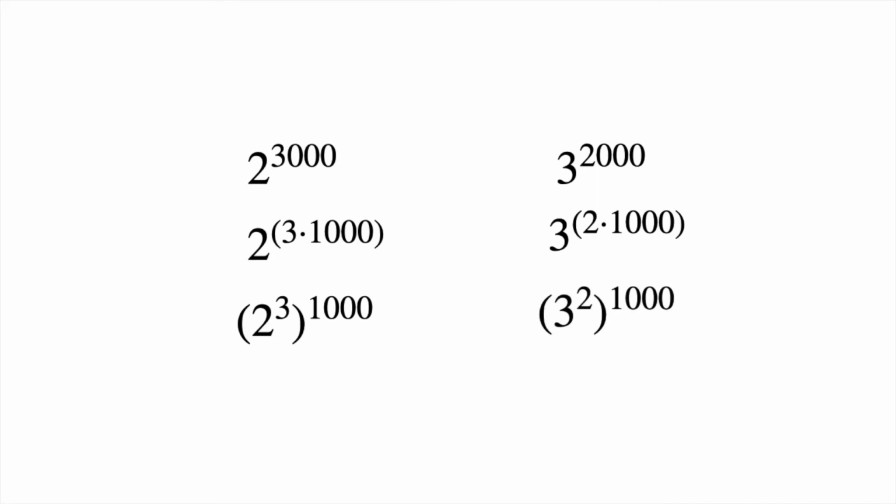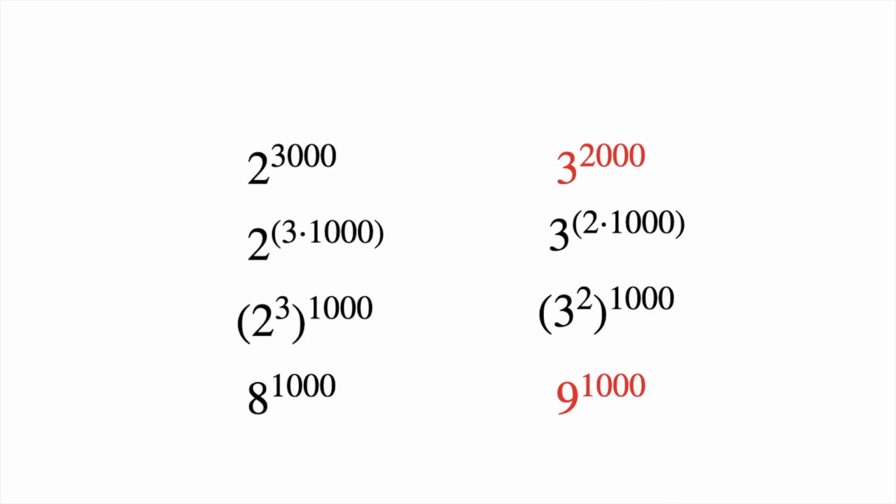We can easily simplify now what's in these parentheses since we have much smaller exponents here, giving us that 2 cubed is 8 and 3 squared is 9, both to the 1,000 power. Now we can clearly see that 9 to the 1,000 is larger than 8 to the 1,000. And so our 3 to the 2,000 is the larger of the two numbers.